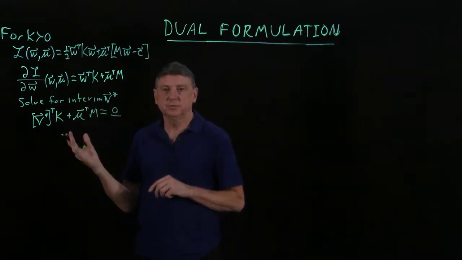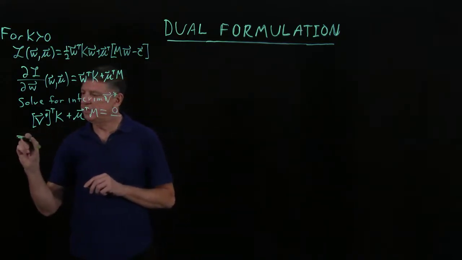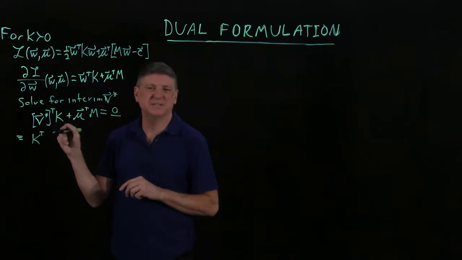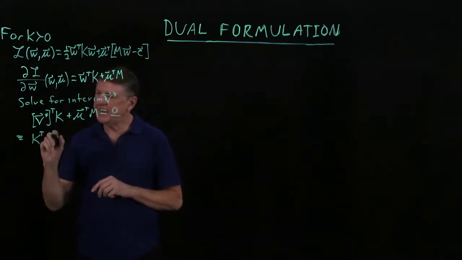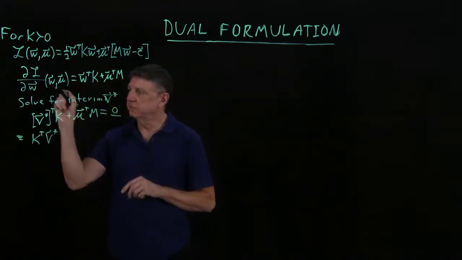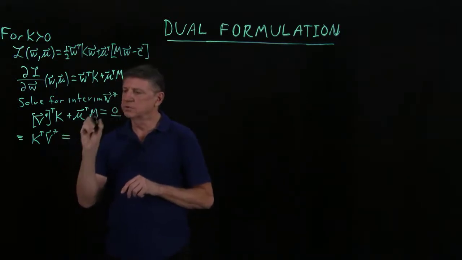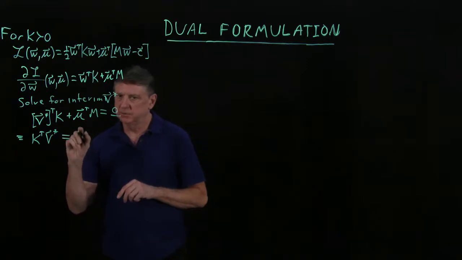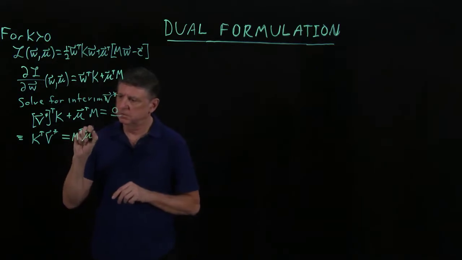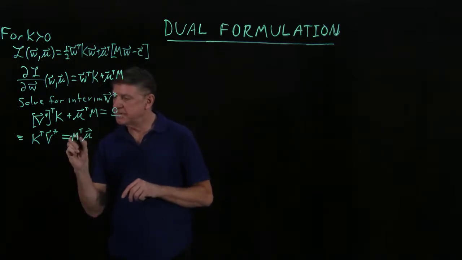So the first thing I'll do is transpose that. That would be equivalent to K transpose, but this is symmetric, so that's just going to be K. That'll be K times the optimal vector for this problem, and I'll take this over to the other side, and that equals M transpose mu, with a minus.